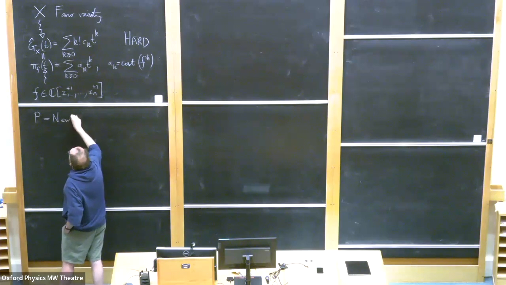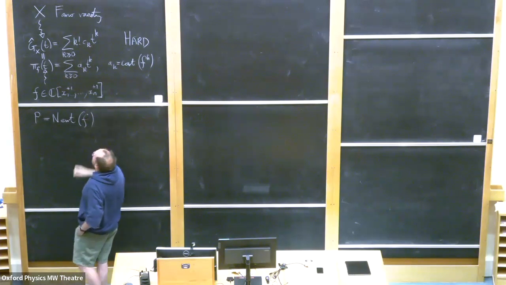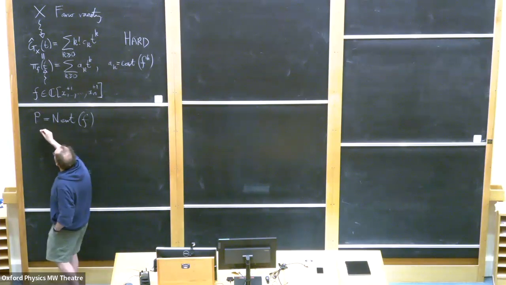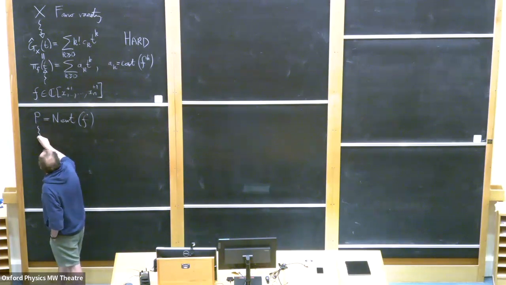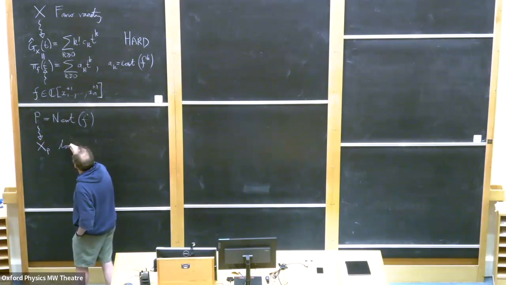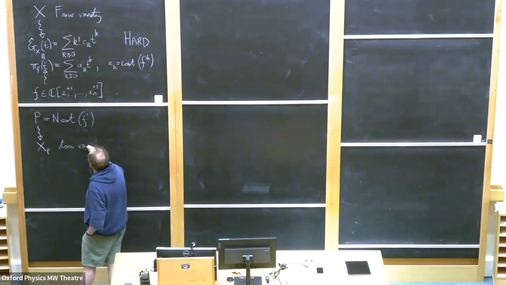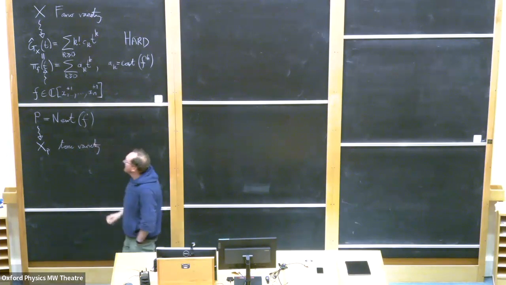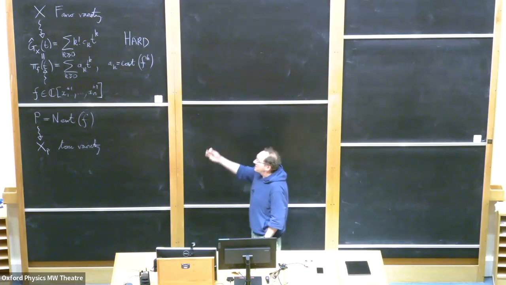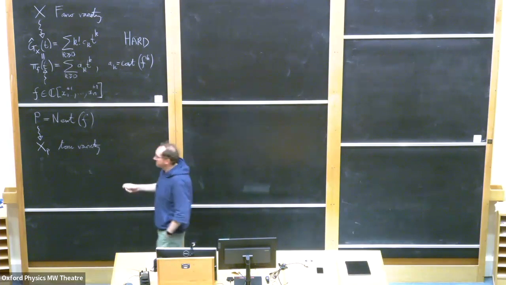We look at the Newton polytope of F, and for reasons, this will give rise to a toric variety. We like toric varieties because they're much easier to handle than general algebraic varieties.